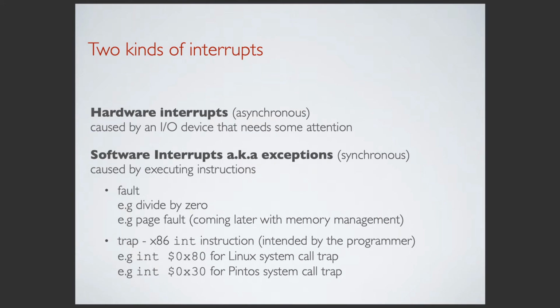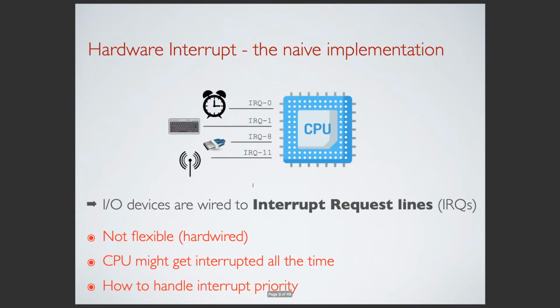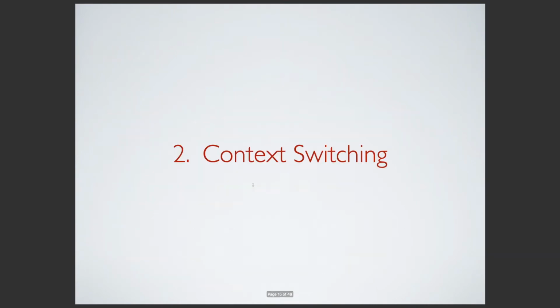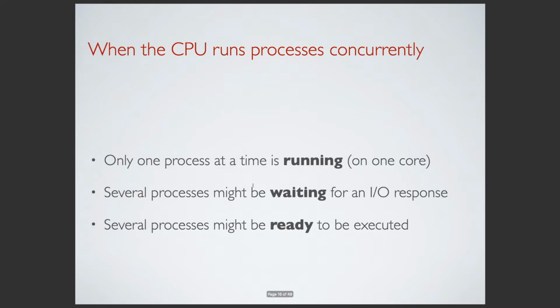The latest question here: is it correct to say that it must store the value to a file since the program is now in the ready state? Yes, and that's actually what we're going to talk about now. All right, so let me continue here. Now we're going to talk about this context switching business. Now that we understand interrupts a little bit more, let's see how we switch our process.